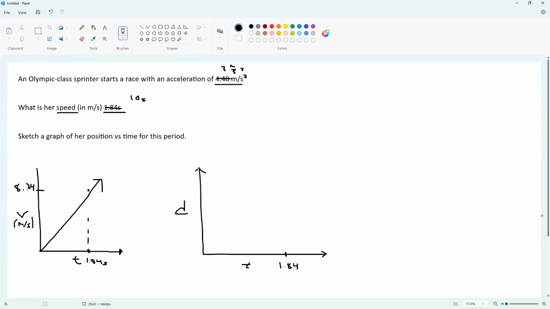In order to do that, you need one of the kinematic formulas. Do you have your kinematic equations on you? Yeah. I'm not sure if these are the right ones. Hold on.